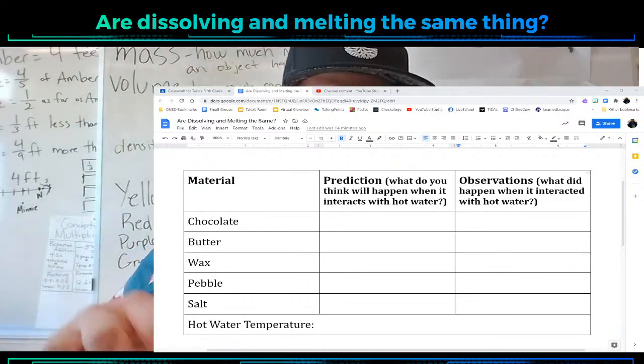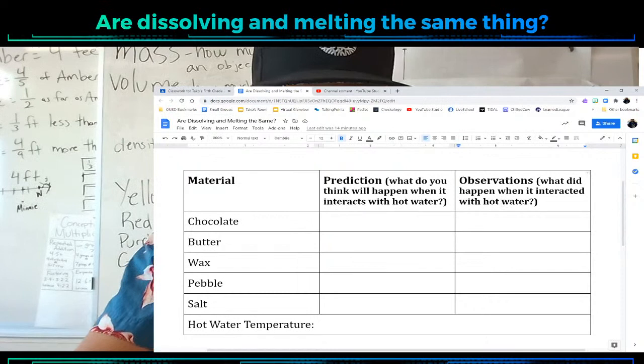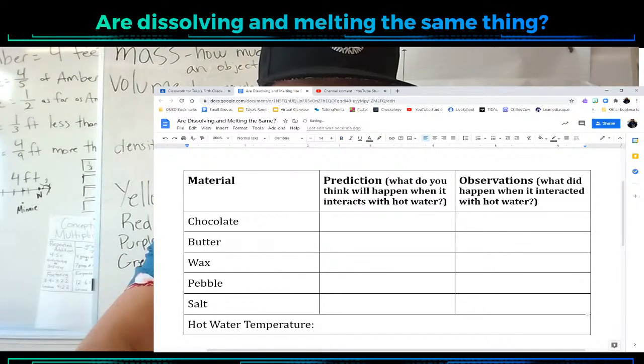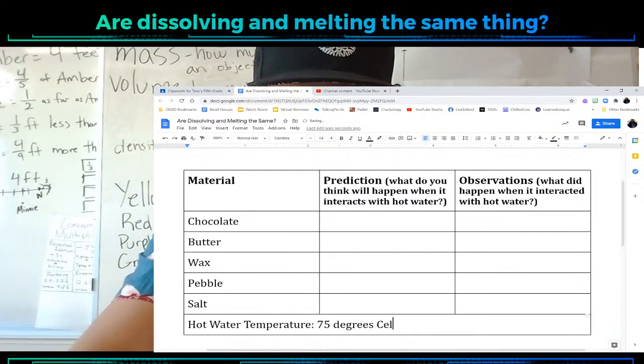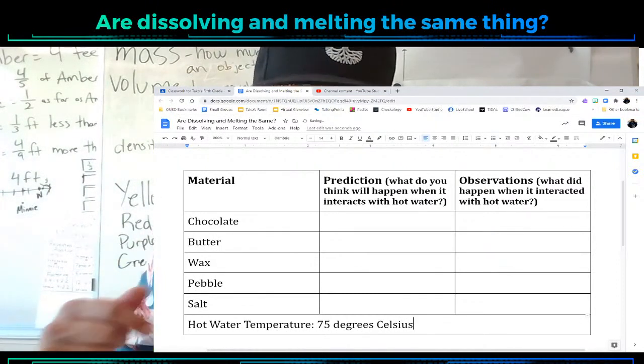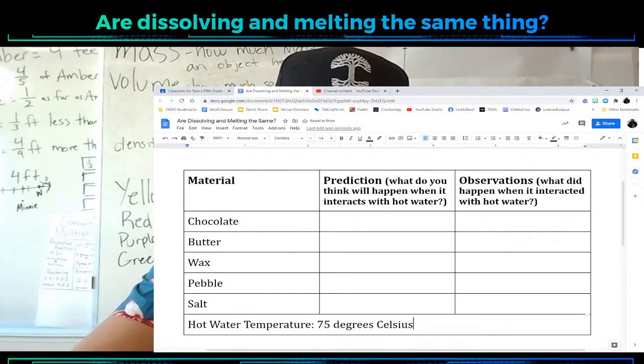And we have it at 75 degrees Celsius. So I'm going to type it right in here for us. 75 degrees Celsius. How do you spell Celsius? I think I was right the first time. I think I just spooked myself. 75 degrees Celsius.